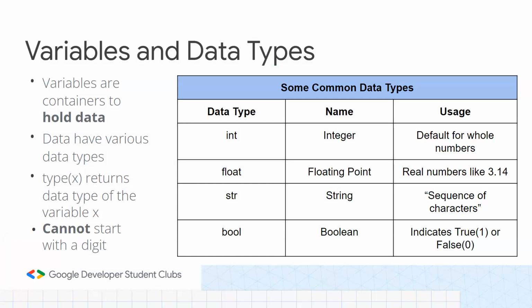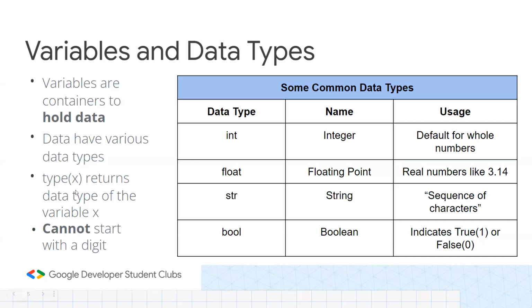All right, so we'll start off with variables and data types. Variables are containers that hold data. They have various different data types, as you can see on the chart. We have integers, which in Python we say int. We have floating point numbers, strings, and booleans. If you want to return the type of a certain variable, you can use the type function in Python.